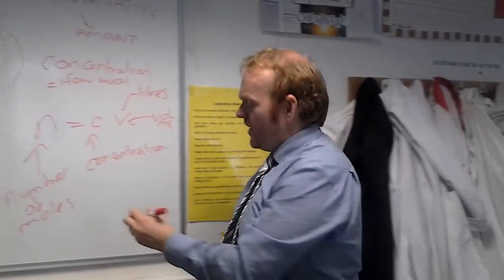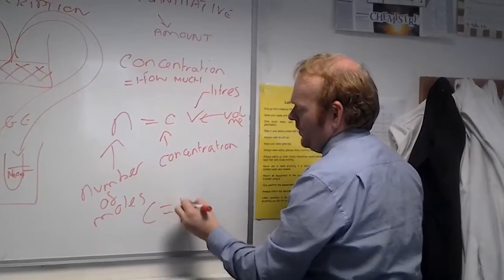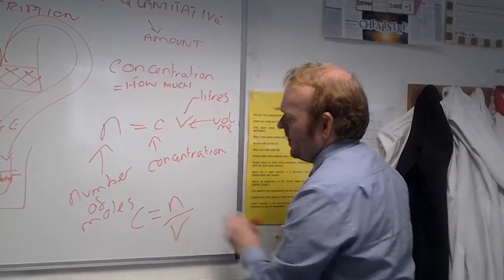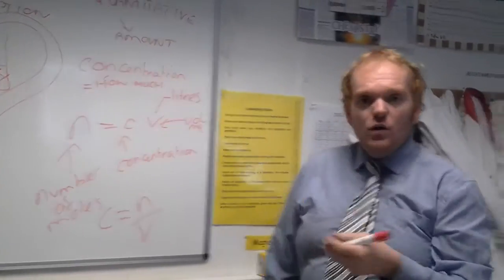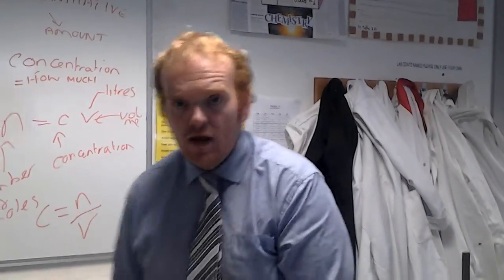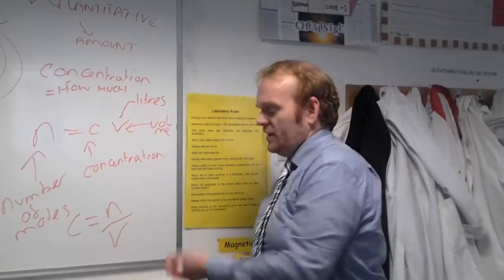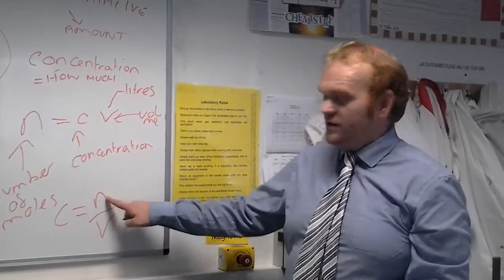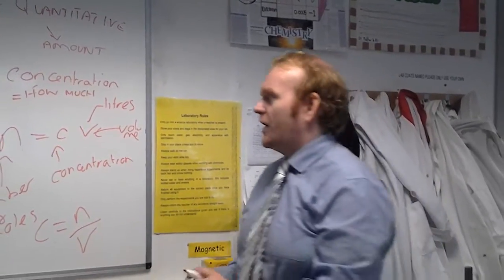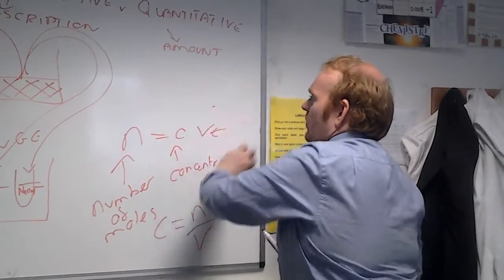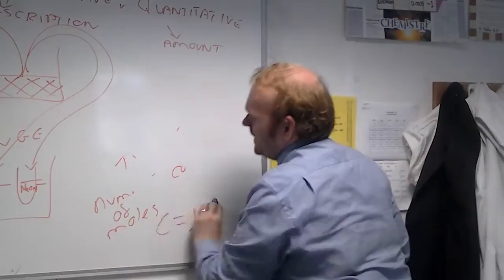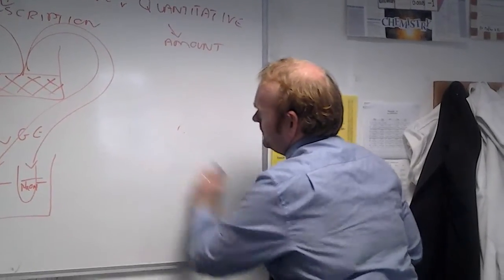I can rearrange that equation to work out the concentration. If I've got, for example, 1 mole of carbon dissolved in 1 litre, my concentration will be 1 divided by 1, which is just 1. So I can look at a couple of examples.